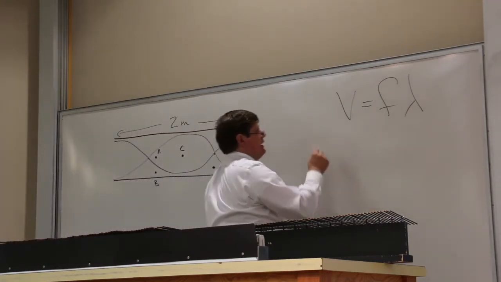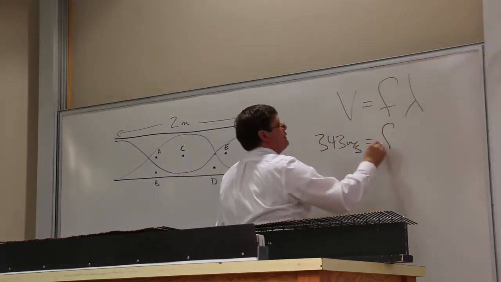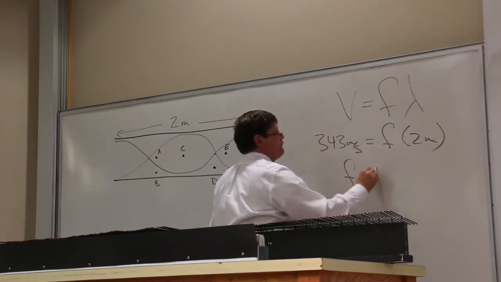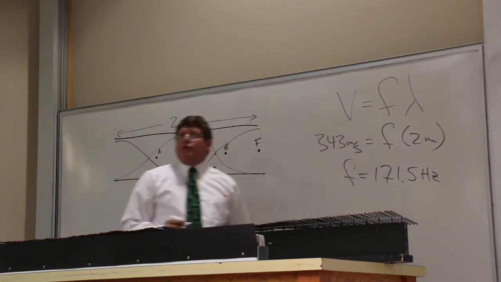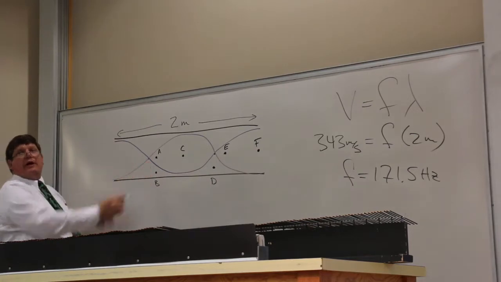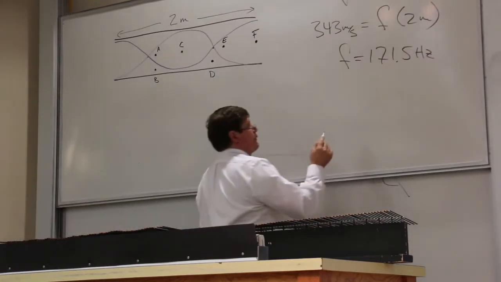It's a sound wave, so this is 343 meters per second is equal to the frequency times 2 meters, and I get a frequency of 171.5 hertz, or 343 over 2. Now, if you have a hard time seeing that the wavelength is 2 meters, use that second equation over on the right board.